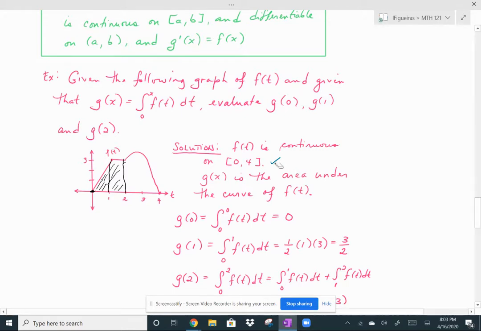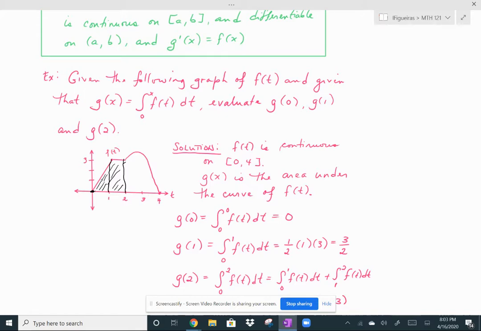And so g of x will represent the area under the curve of f of t, because remember, g of x is equal to this integral, and the integral represents the area. Okay, so we don't know what the function is. We can't apply antiderivative rules, but we can certainly look at the graph and use geometry.